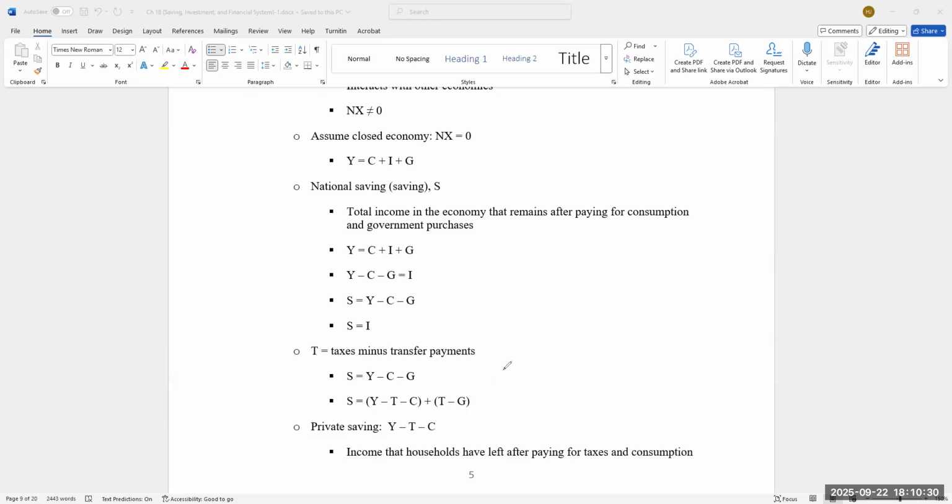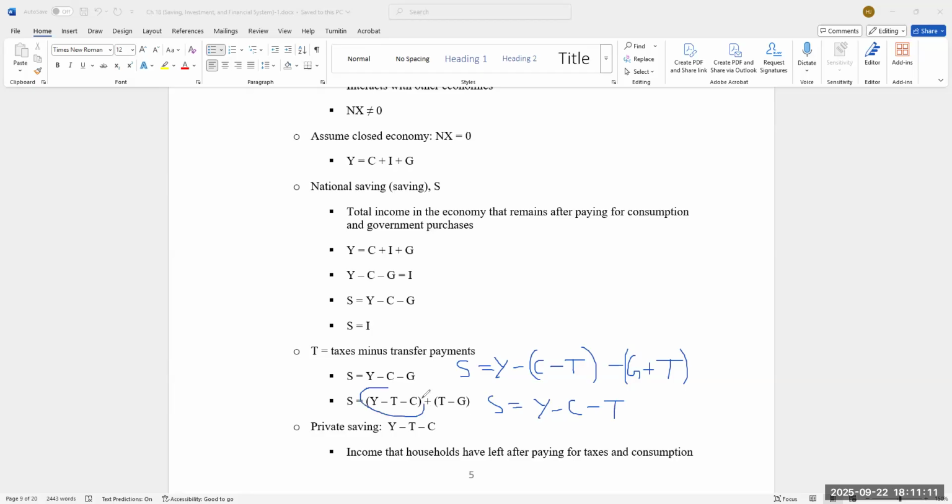That's their income. So we could rewrite this as Y minus C minus T, because consumers want to buy stuff, but they also have to pay taxes, minus G plus T. And this is equal to S.